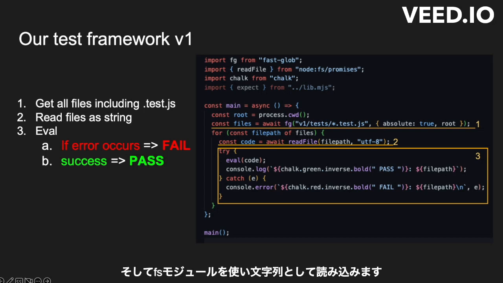Then, read those files as strings using the file system module. Finally, evaluate in a try-catch clause. If an error occurs, it's caught and will print fail. Otherwise, it will print pass. Note that usually we should avoid using the eval function built in JavaScript, of course.